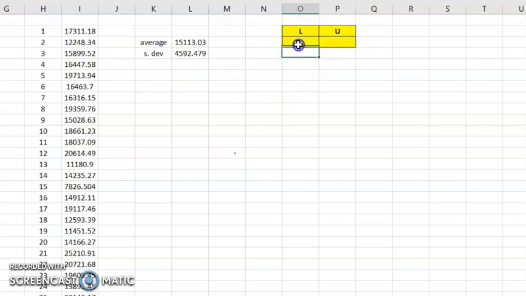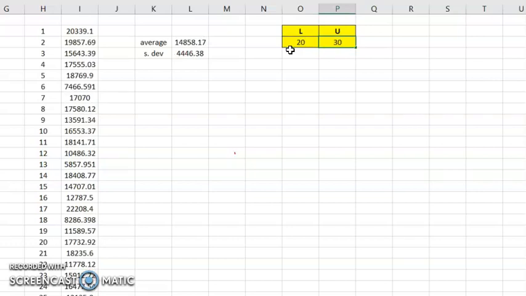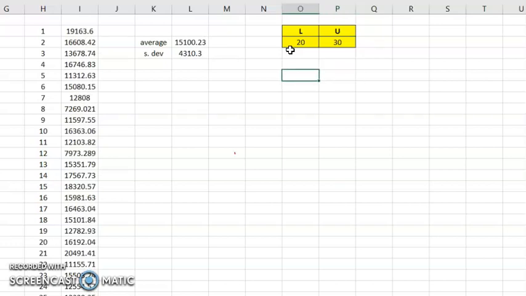With what lower and upper bound? Let's put the lower at 20 and upper at 30. We want to generate uniform random numbers between these two numbers, or in this range.